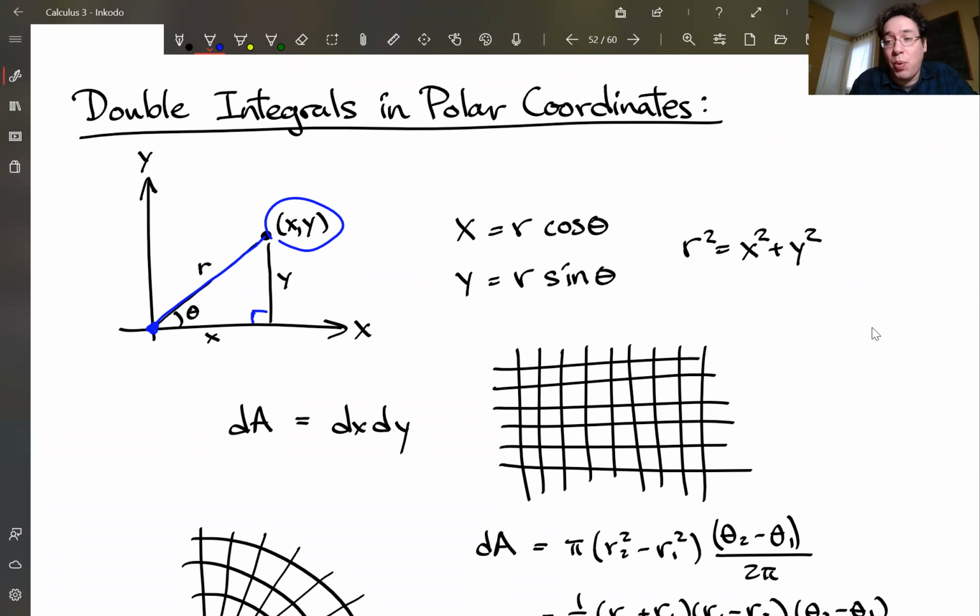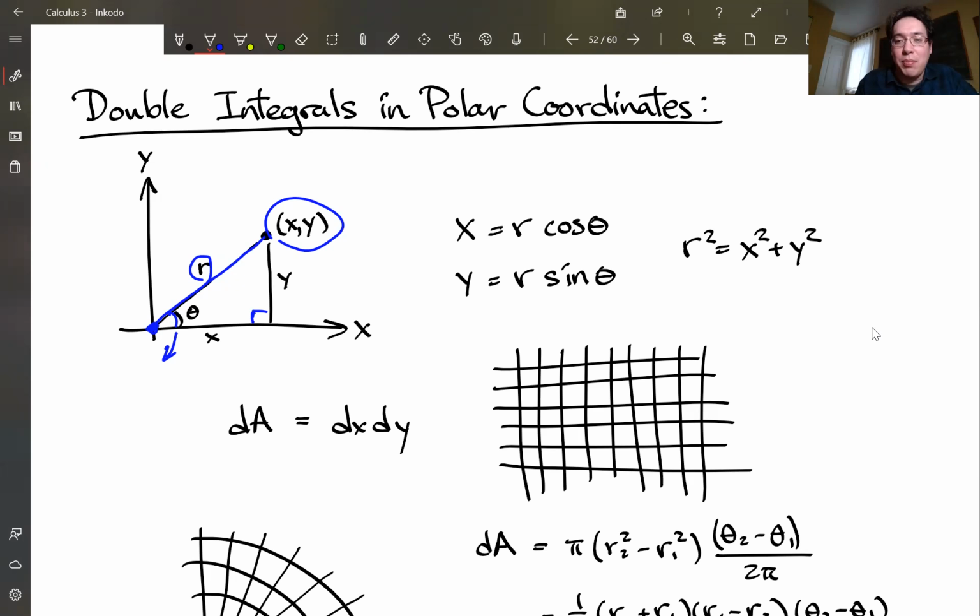You could describe this point by the distance from the origin, which I'm going to call the radius r, and the angle it makes counterclockwise from the positive x-axis. If it's a negative angle, it goes clockwise from the positive x-axis. So that's how you can describe a point.